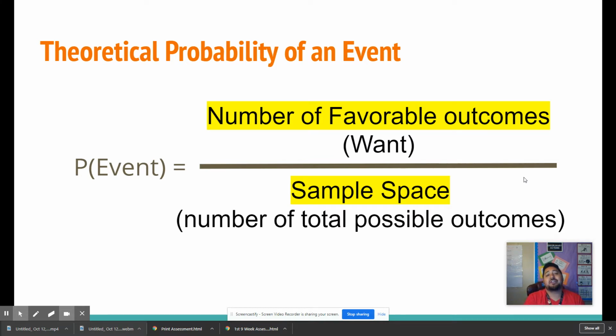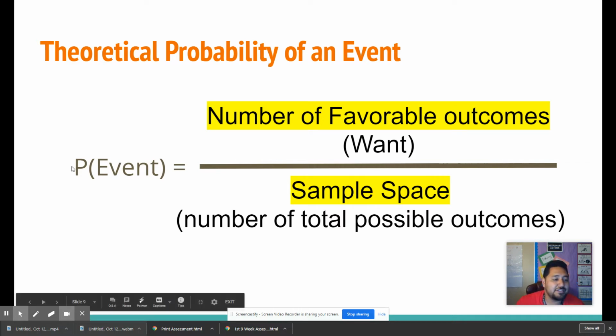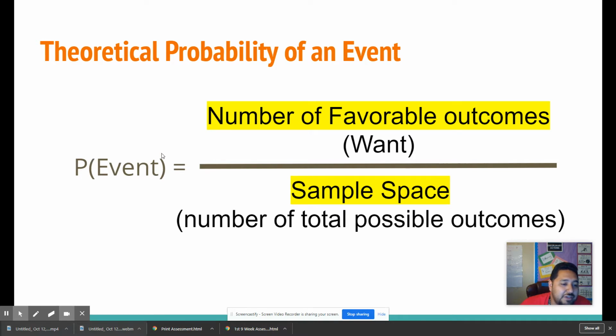We can also change that fraction to a decimal, and we can also change that decimal to a percent. Okay, and so we're going to be practicing those skills as we're going through this, or we could express it as a fraction and then also simplify it to a smaller fraction, the same fraction but smaller numbers.